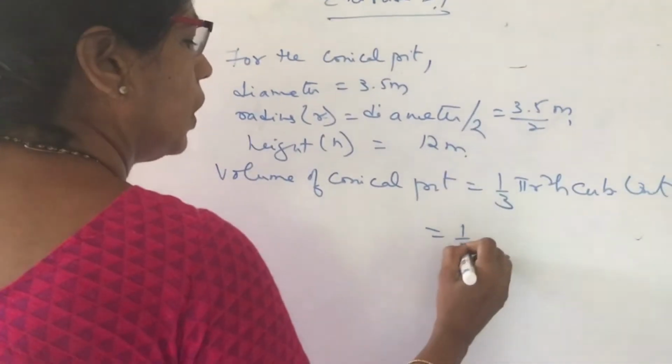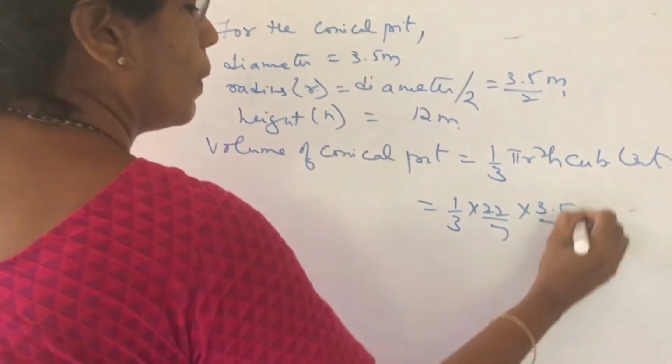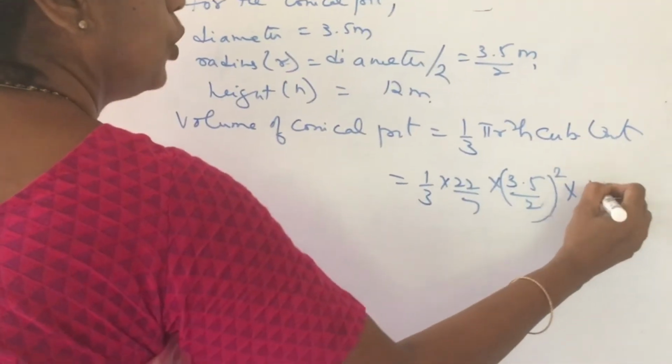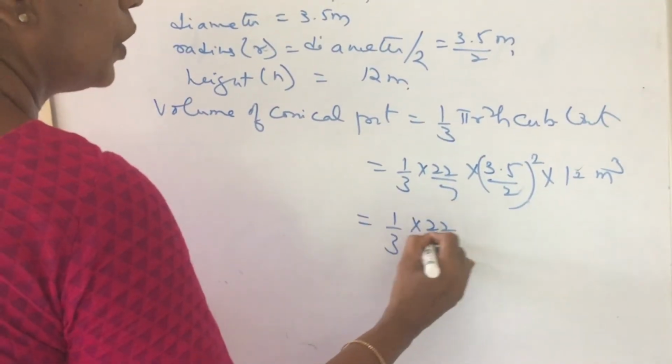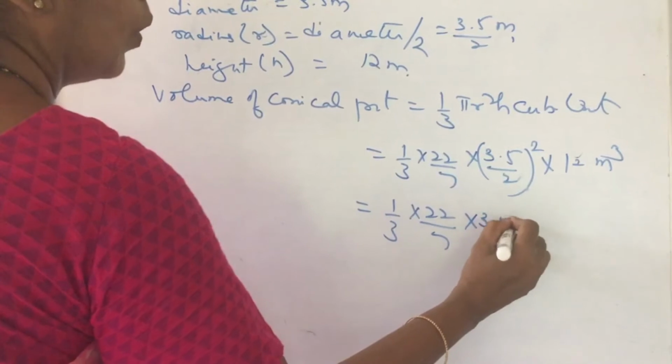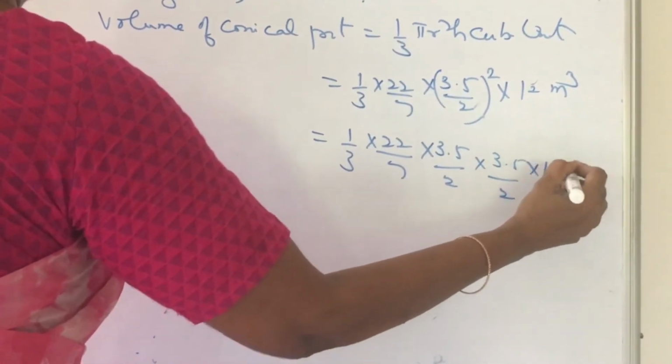1 by 3 into 22 by 7 into 3.5 by 2 the whole square into 12 meters cube. 1 by 3 into 22 by 7, square, how many times? 2 times, into 12 meters cube.